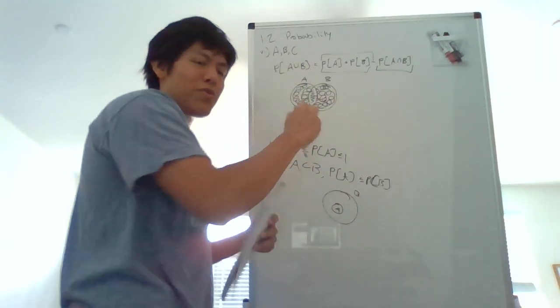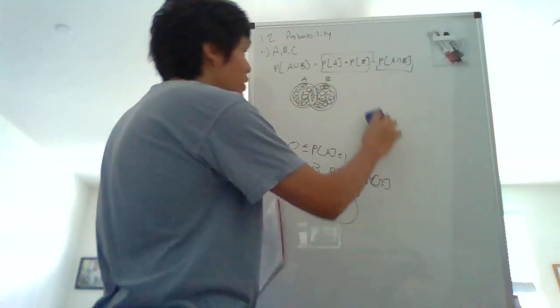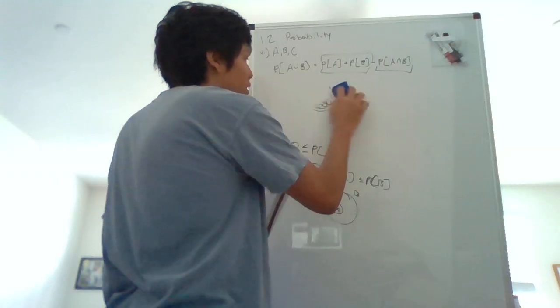Right now this is only showing 2 events, but what if we had 3 events?